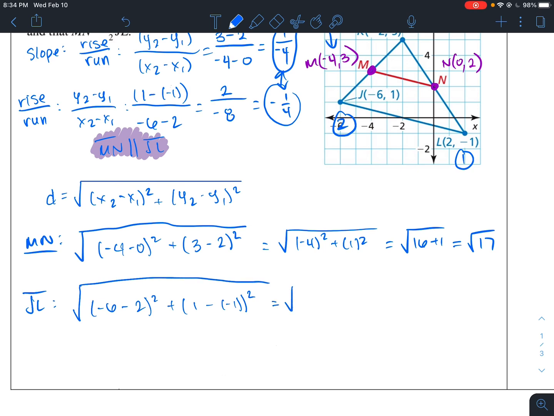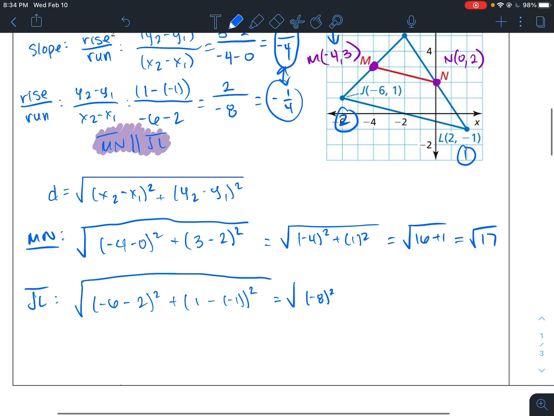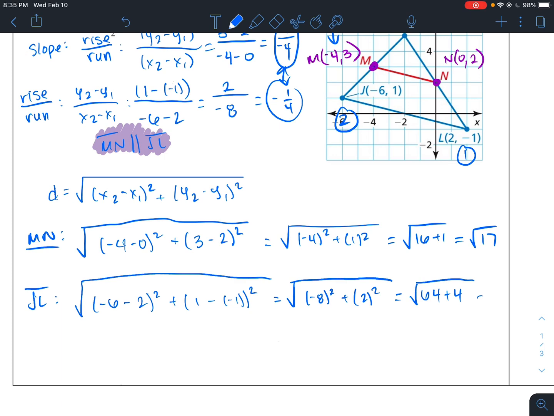So that would be equal to the square root of negative 6 minus 2, which is negative 8, squared, plus 1 minus negative 1, which would be 2 squared. So that would be equal to the square root of 64 plus 4, which is the square root of 68.